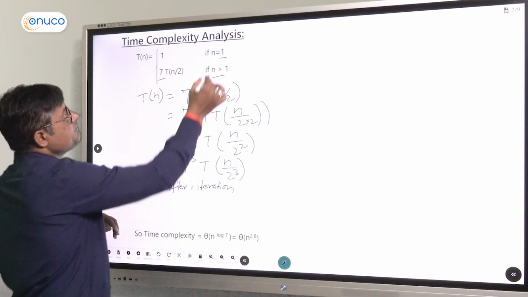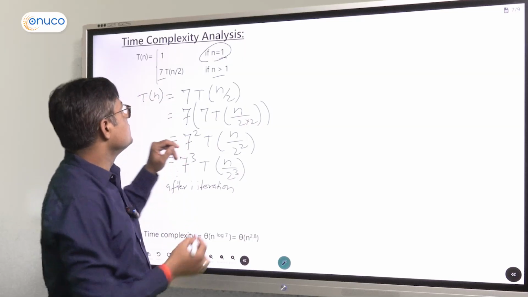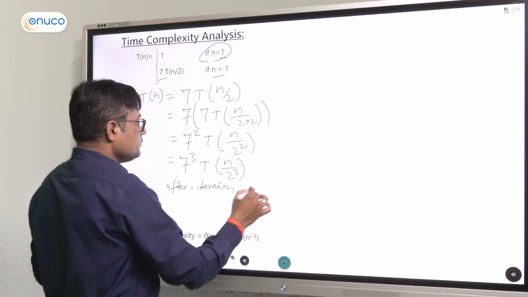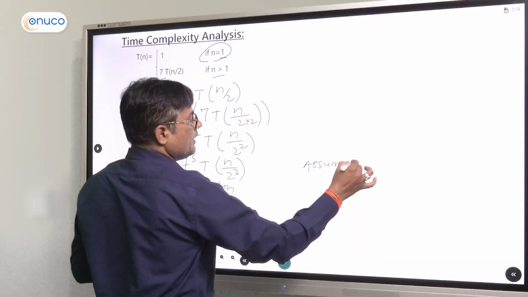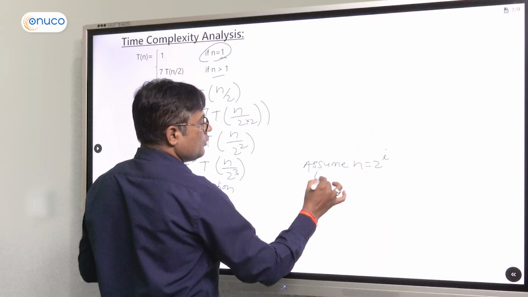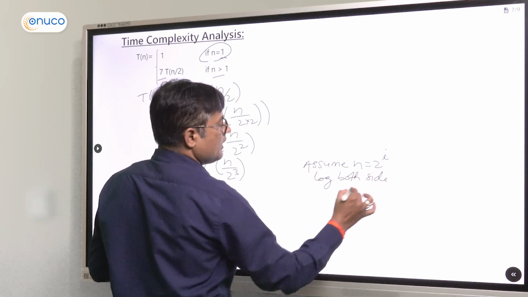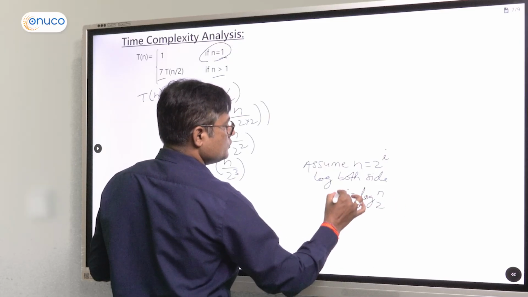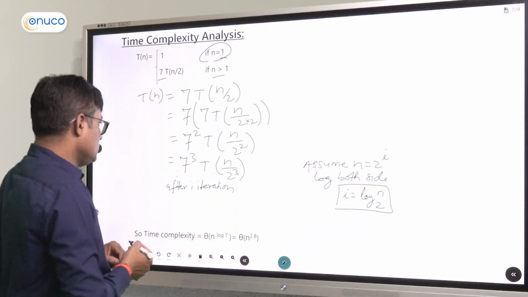Why is this required? Because we have to reach 1 to terminate these recurrence relations. So the recurrence will terminate for n equal to 1. So we have to assume that n is equal to 2 to the power i. Similarly, take log on both sides, and finally we get i is equal to log n base 2.